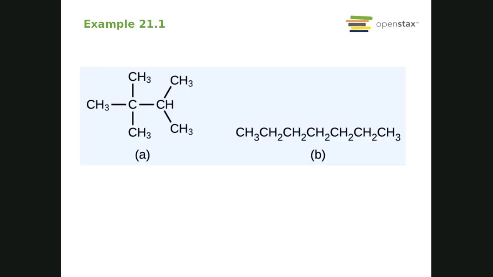The structures A and B, these two are known as isomers. Same molecular formula, but different structural formula. If you have 1, 2, 3, 4, 5, 6, 7 carbon, with the 7 carbon we have also 16 hydrogens. If you add all the hydrogens, 16 hydrogens.